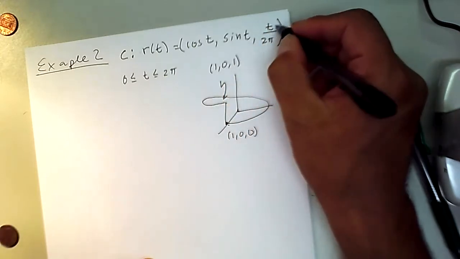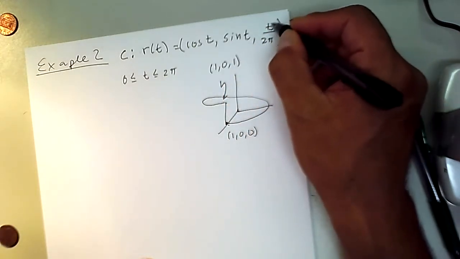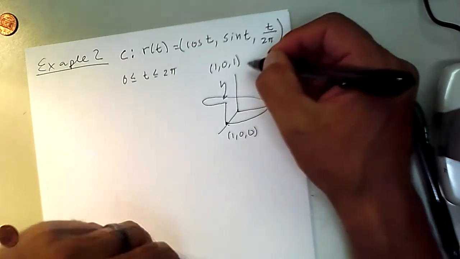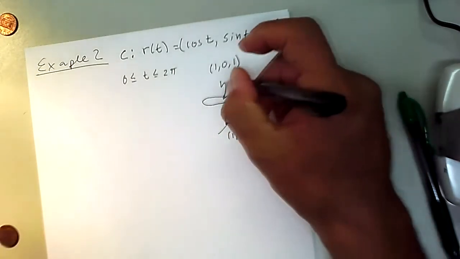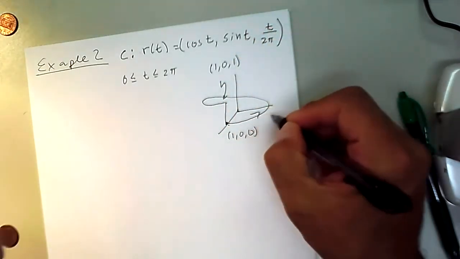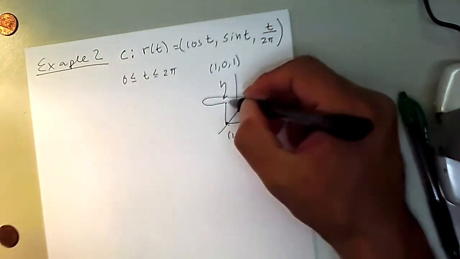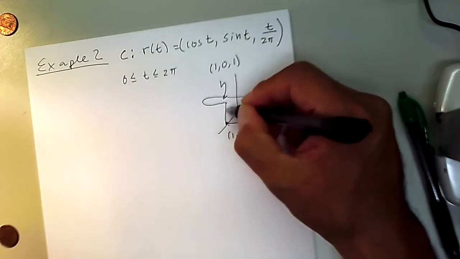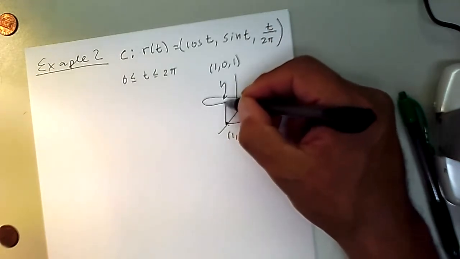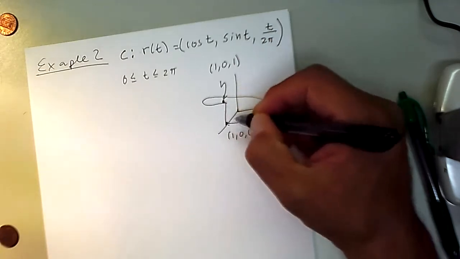By the time we get to 2 pi, the z value will be 2 pi over 2 pi, which is 1. Okay, so this is a nice helix, and we go up this way. All right. This line is not supposed to be there. The only reason why I drew it is so we can tell that this point is perfectly lined up above this point, 1 unit above it.